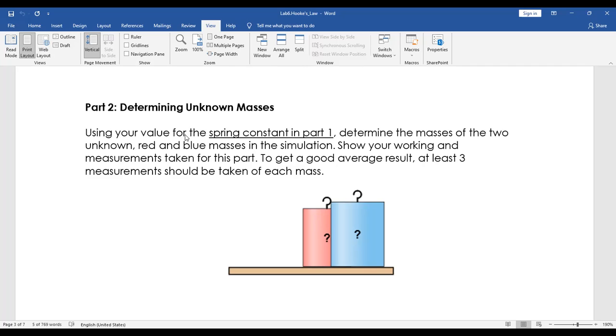Divided by 9.8, this is 0.222 kilogram. That is the SI unit. This can be 222 gram. Oh, it says 210. And then you can find the red one yourself.